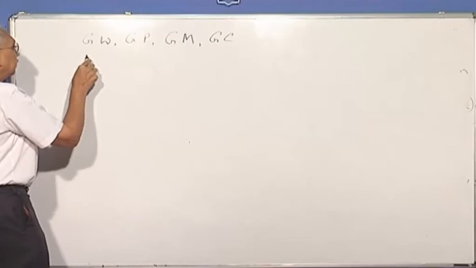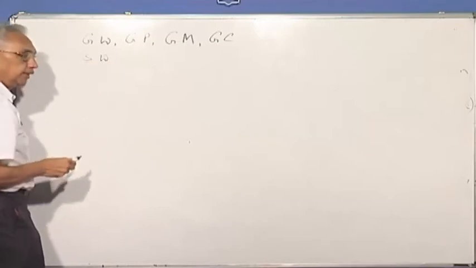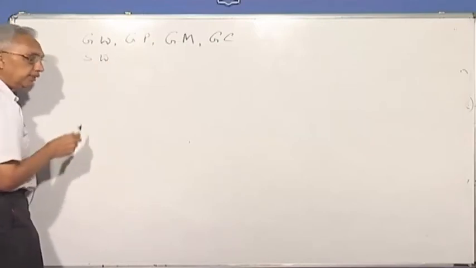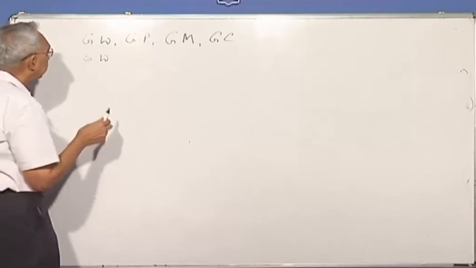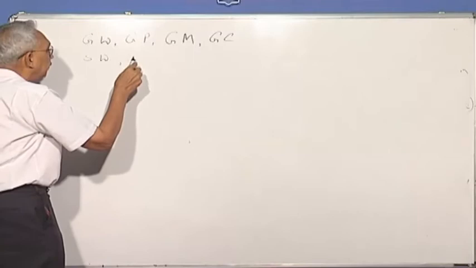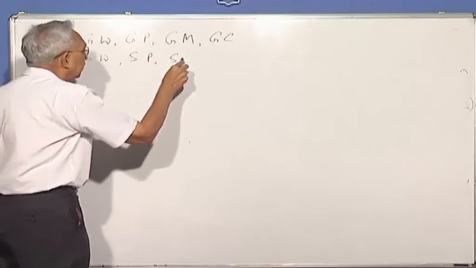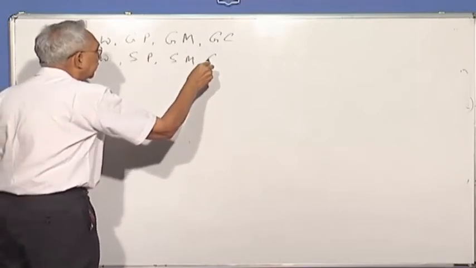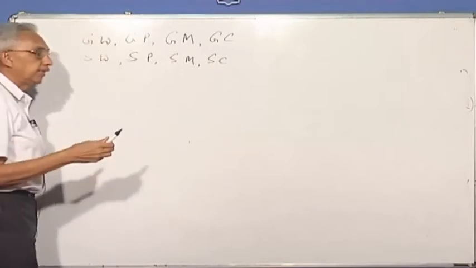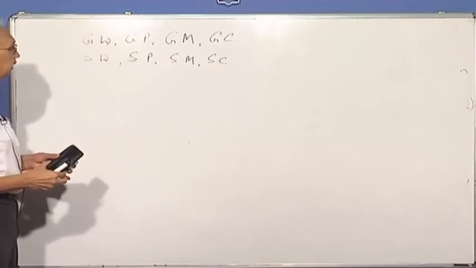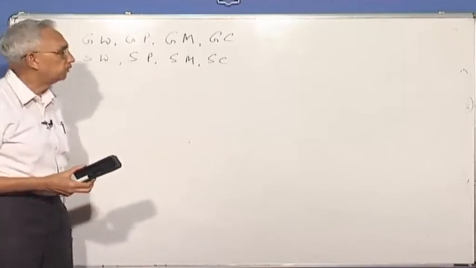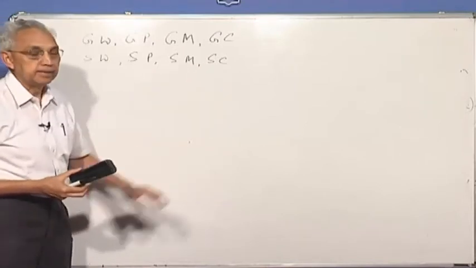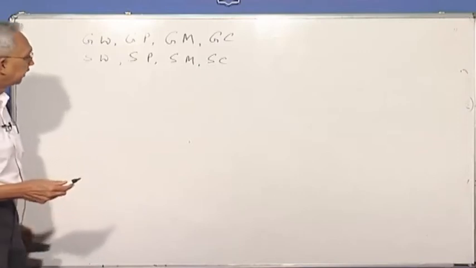Similarly, we can have a well-graded sand, and please remember the first letter gives the kind of constituent, the second one is the qualifier, so it depends on the grading. A poorly graded sand, sand with silt, and sand with clay. If the clay or silt content is less than 10%, we don't look at it. Only when it is more than 10 to 12%, we start including them in the classification.